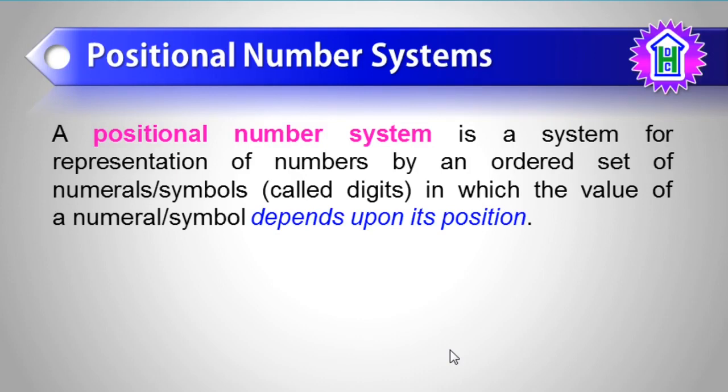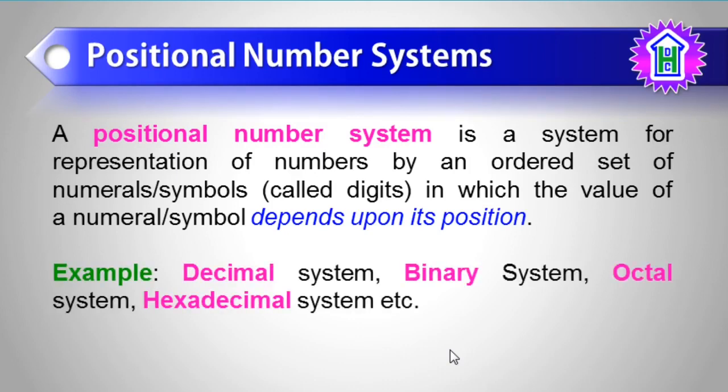So in which position a digit occurs, according to that its value is determined. Examples are the decimal system, binary system, octal system, hexadecimal system, and so on.